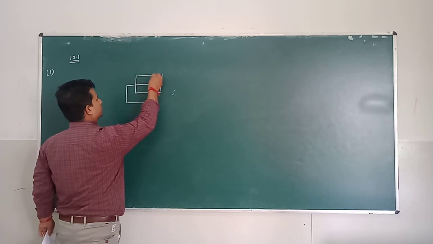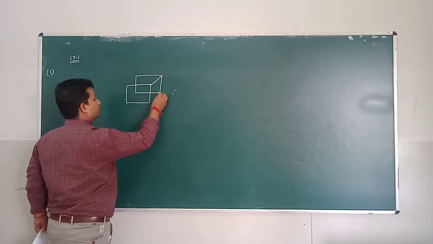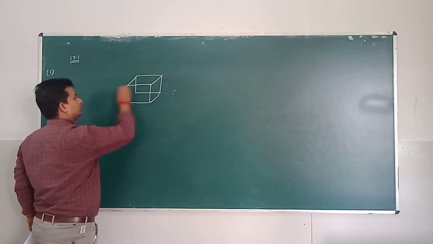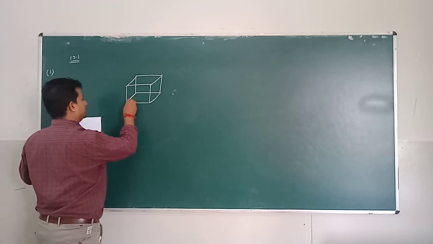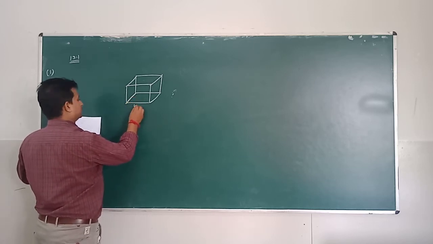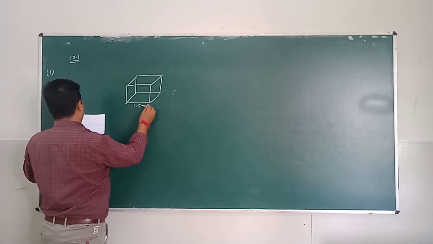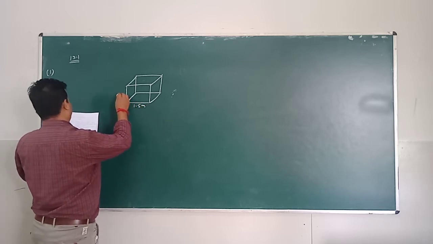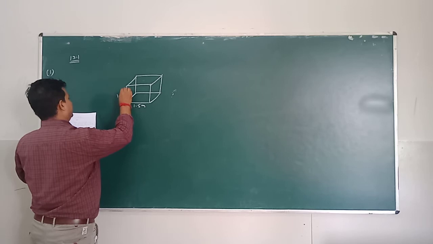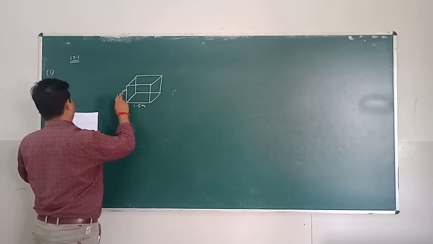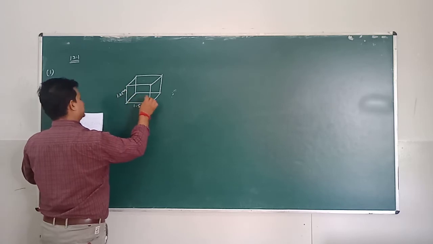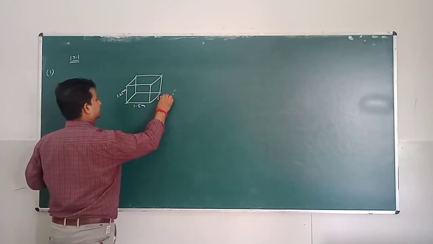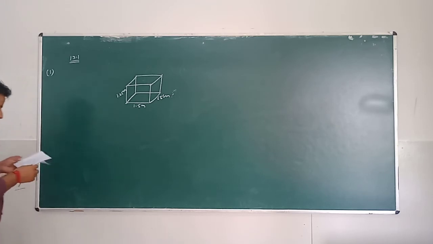So this is the box. This box is open from the top. This is the length of the box, 1.5 meter. This is the breadth, 1.25 meter, and this is 65 centimeter, the height.